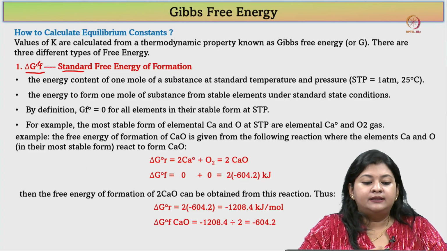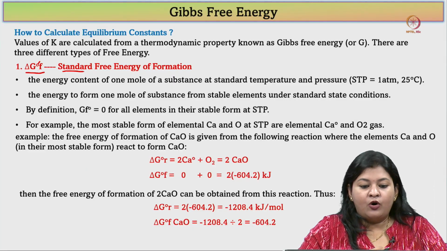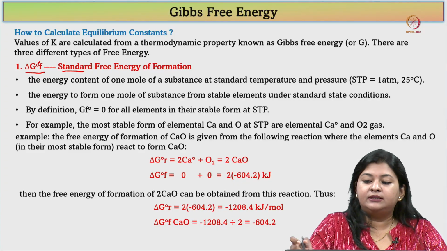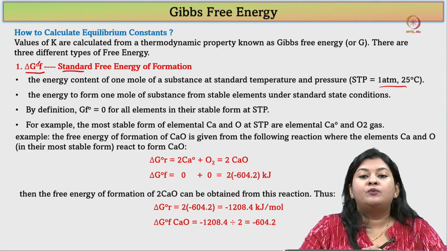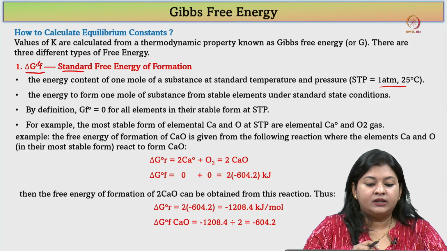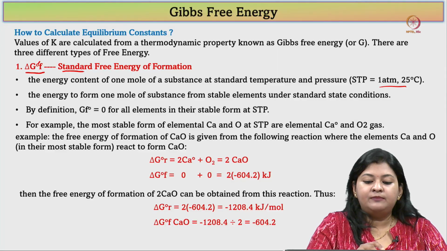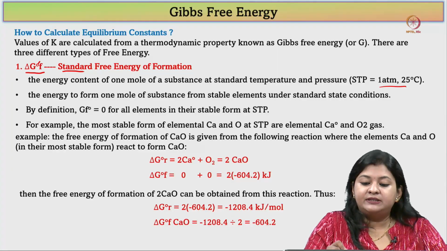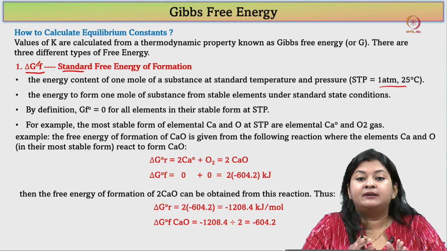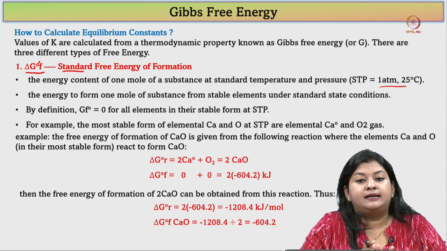The energy content of 1 mole of a substance at a standard temperature and pressure, and this is almost always at 1 atmospheric pressure and 25 degrees Celsius. It is the energy to form 1 mole of a substance from stable elements. Now, we are forming compounds from the elements under the standard state conditions.